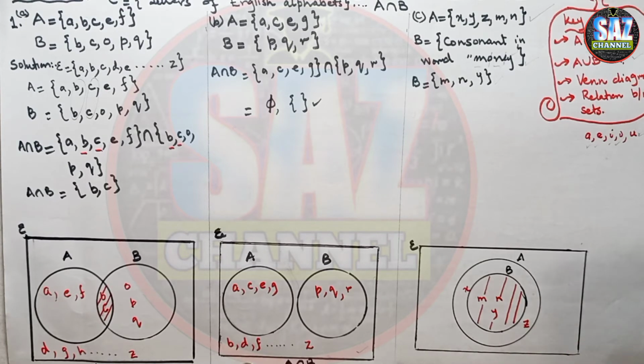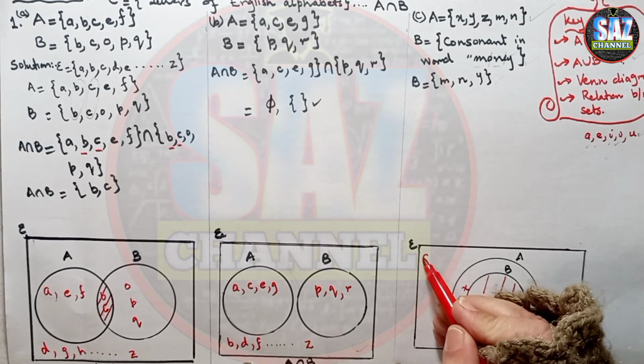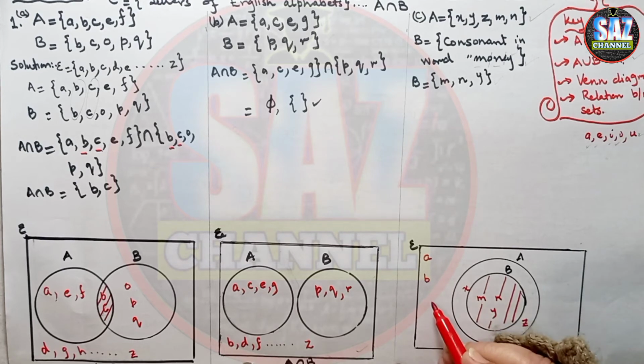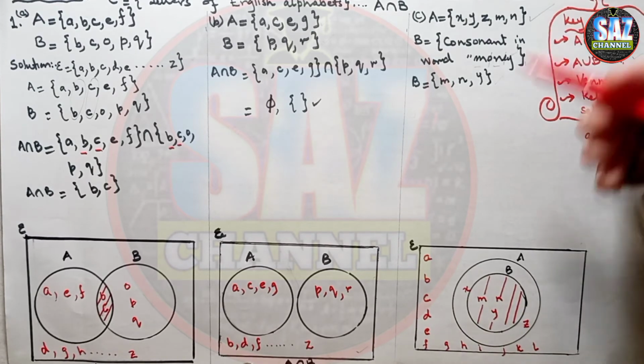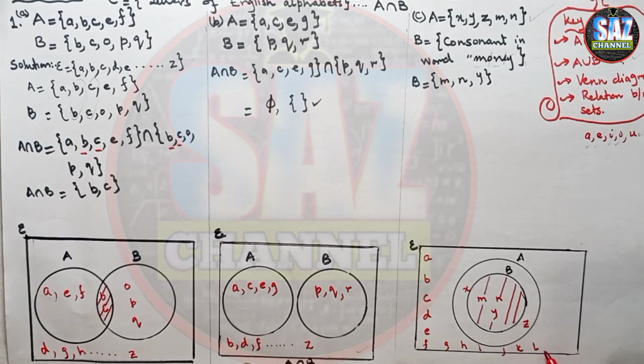If you look at set A, it begins from X, so I have to begin the universal set with A, B, then C, D, E, F, then G, H, I, then J, K, L, and M. M is in the subset, so I'm not going to write that again.